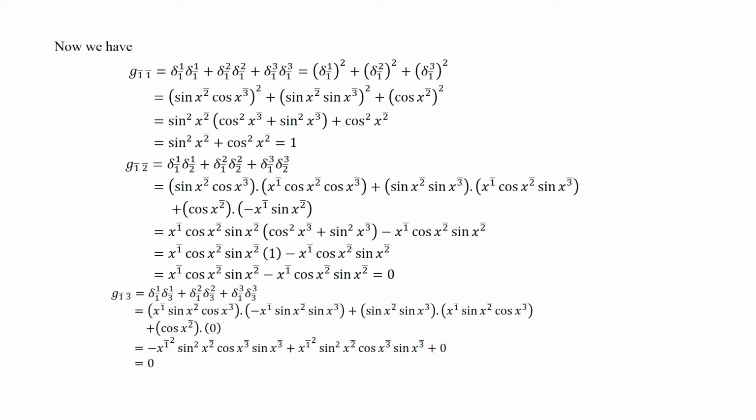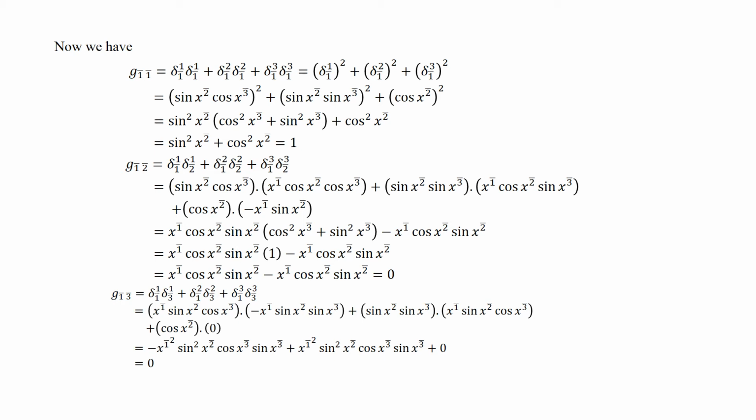Taking the square of the first and second terms, sin x2 bar is common from the first two terms, so we put sin square x2 bar aside from this bracket, and from the trigonometric identity cos square plus sin square, whatever the angle is, it is equal to 1. So sin square x2 bar plus cos square x2 bar is equal to 1. So G 1 bar 1 bar we get 1.